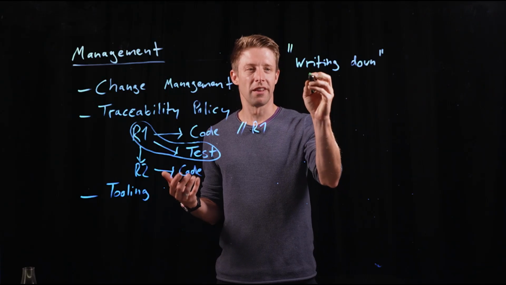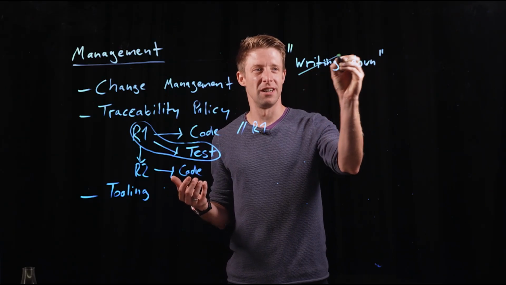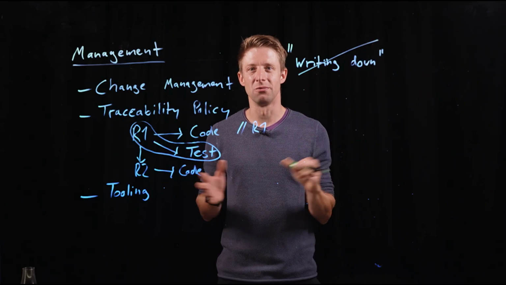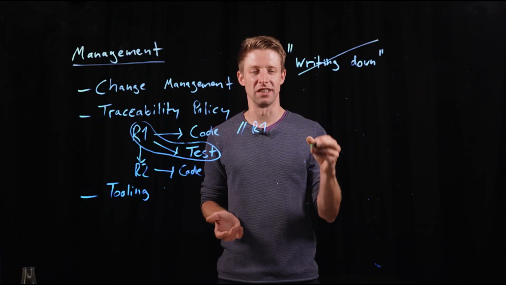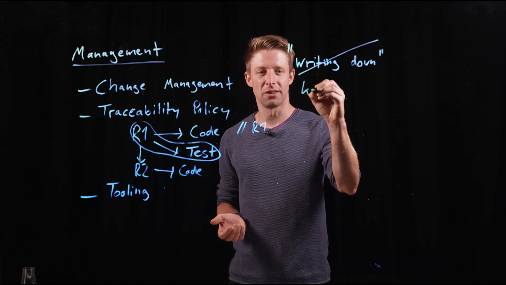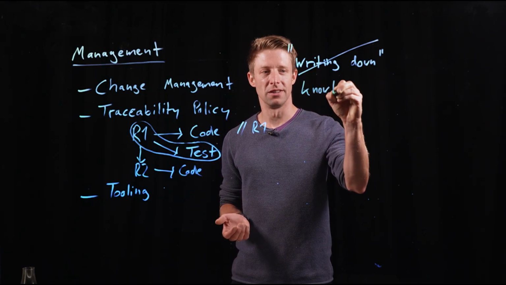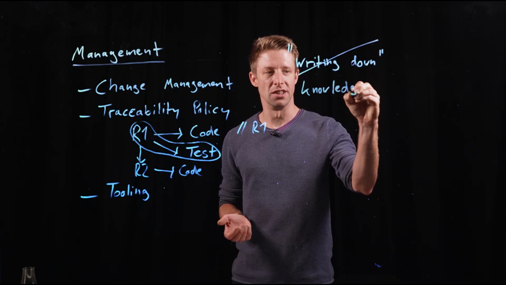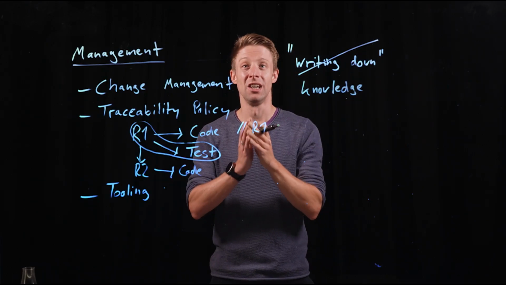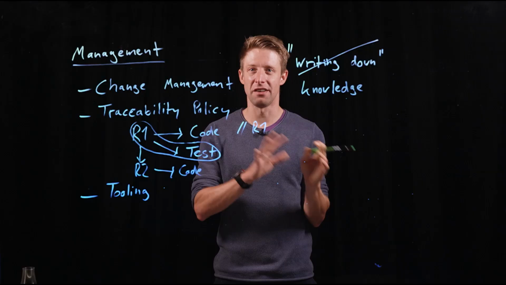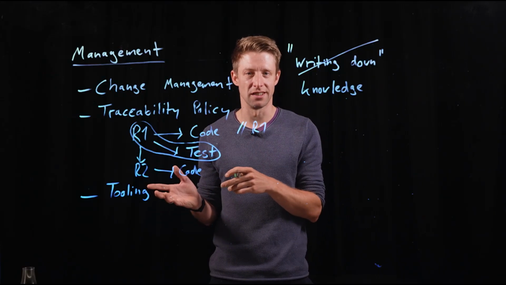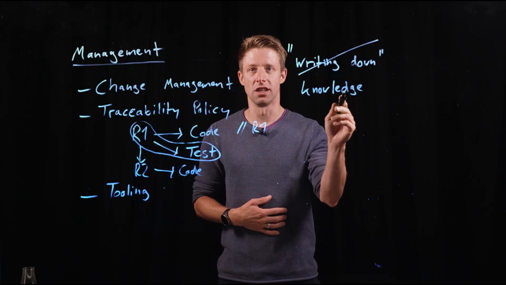The important thing to understand is that a lot of requirements engineering is not about writing a big document or a big specification. A lot of requirements engineering is about keeping track of your knowledge: the understanding of what it is we are building, what we have built, why it is necessary, and maintaining that over time.